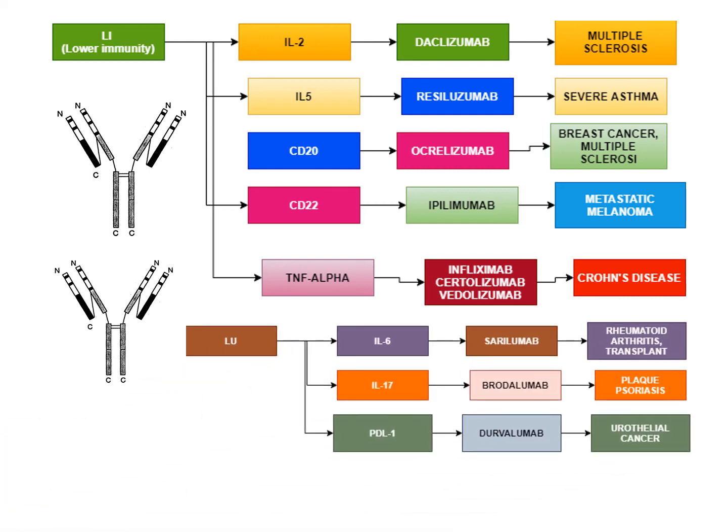There is another set called LU that is also lowering the immunity. They have three targets, IL-6, IL-17 and programmed death ligand 1: sarilumab, brodalumab and durvalumab. Sarilumab is given for rheumatoid arthritis and transplants, brodalumab for plaque psoriasis and durvalumab for urothelial cancer.